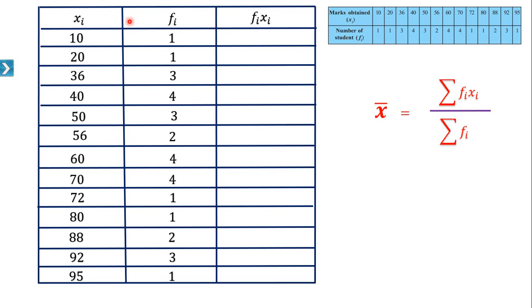This much is given. To find the mean, they will give x i and f i.